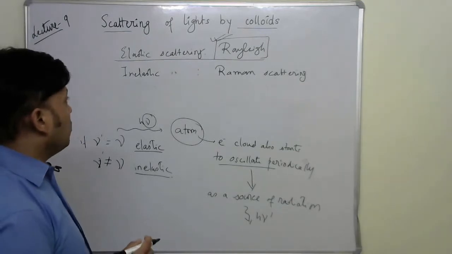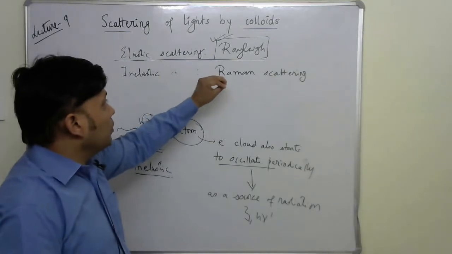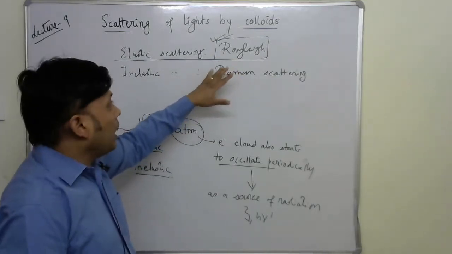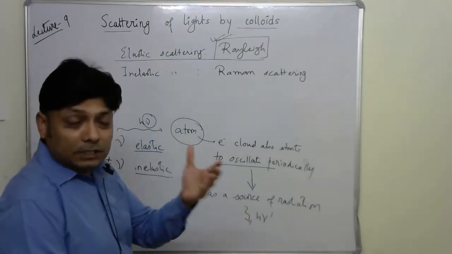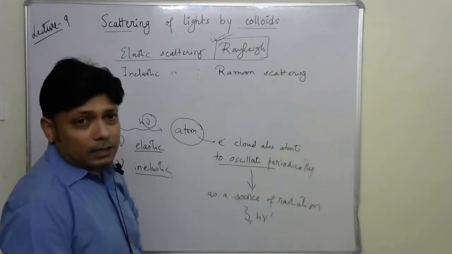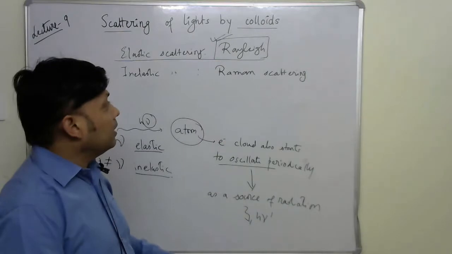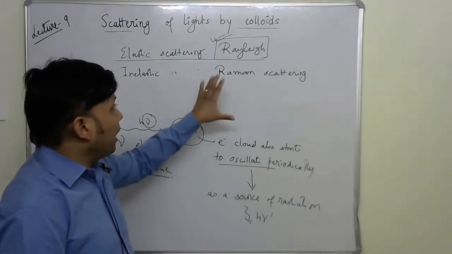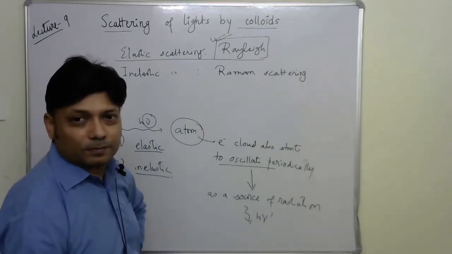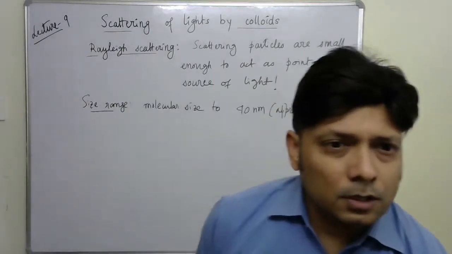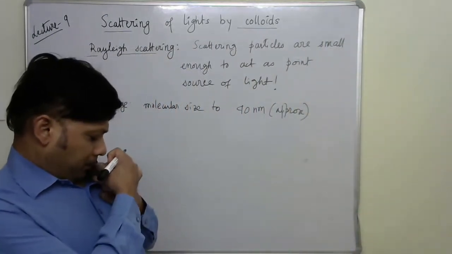Now we will briefly talk about a few details of Rayleigh scattering, and there are a few basic types of it. For example, the Tyndall effect that I already talked about is a type of Rayleigh scattering, and under what kind of condition we get Tyndall scattering and any other type of scattering, those come under Rayleigh. So now we talk a little bit about Rayleigh scattering.